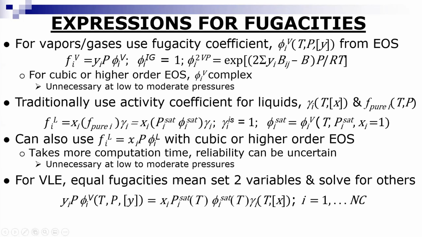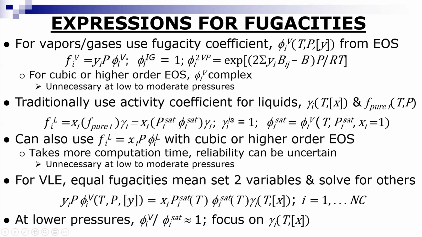Now, if you're doing VLE, equal fugacities means you set two variables and solve for the others. This is basically what Rafik has also shown, and they're much more complicated when you actually put in all of the variables that appear in the equations of state and so forth. And the article that we did in 2006 describes how to count all the variables in there, as well as gives prescriptions for how you go about solving them.